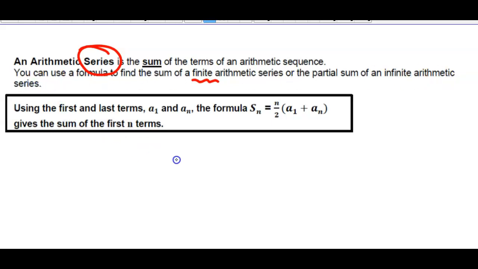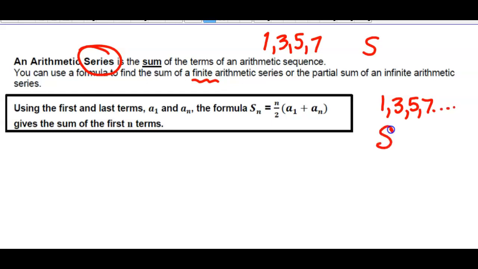So if your sequence looked like this, you could find the sum. You could say, I want the sum of the first 7 terms.